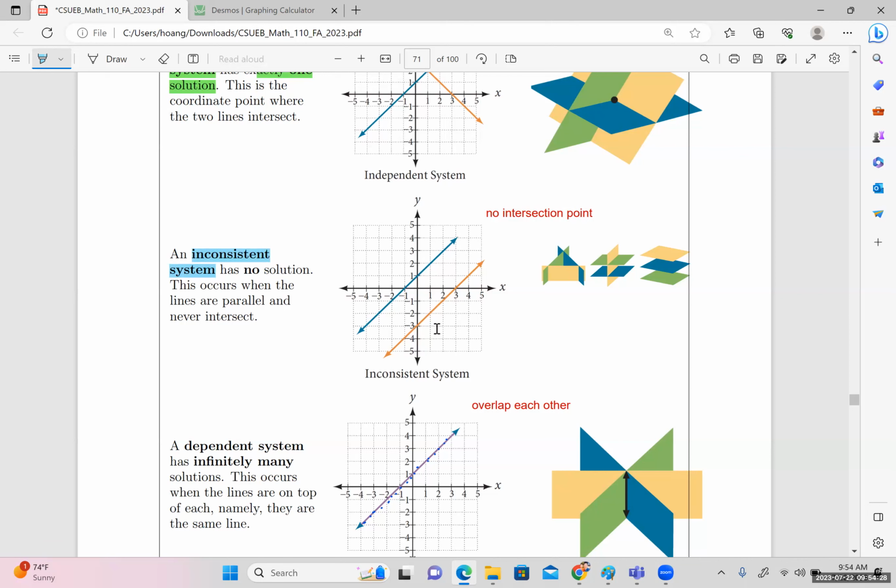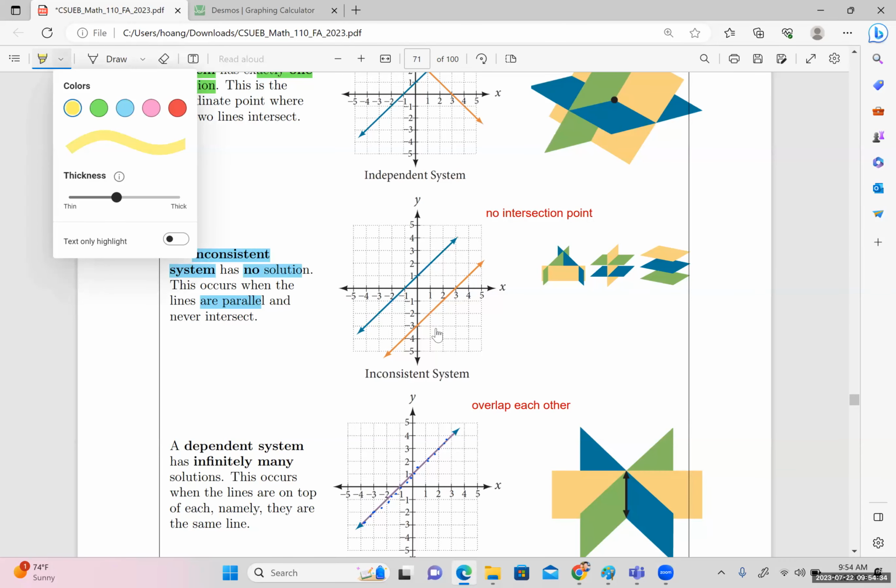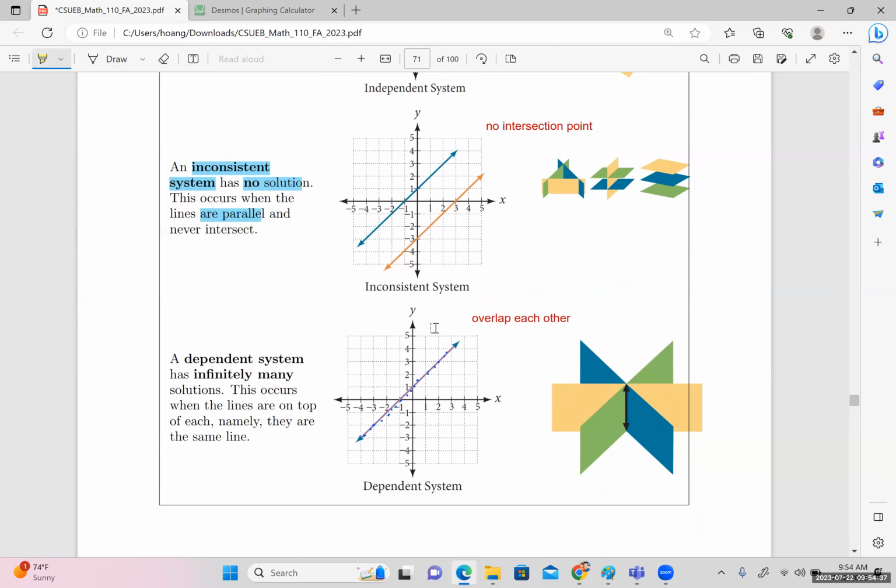We have no solution because they are parallel lines. And the last kind is a dependent system, which has infinitely many solutions. This occurs when the lines are on top of each other and are the same line.